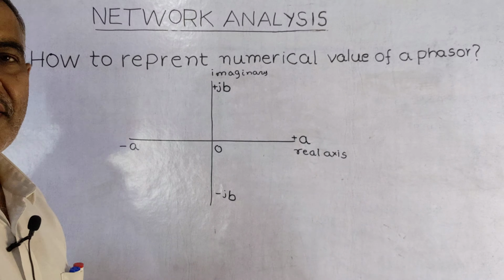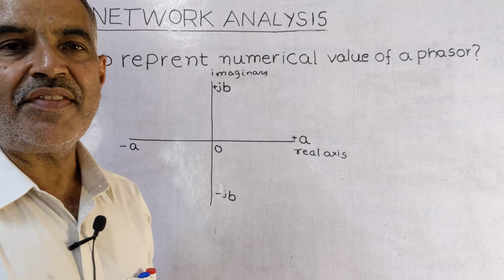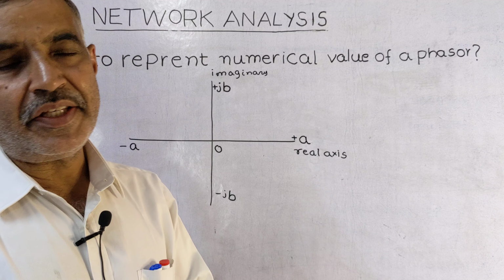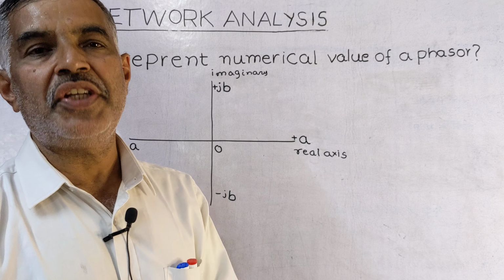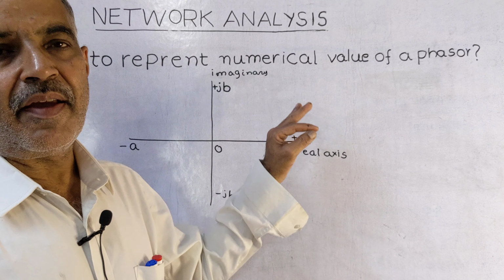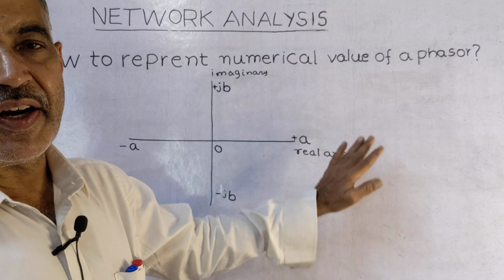So a is the real axis component, and b is the imaginary axis component. A is also a number, b is also a number, but we have to distinguish a and b, so b is distinguished from a by the j notation. This is another way of dividing the plane.